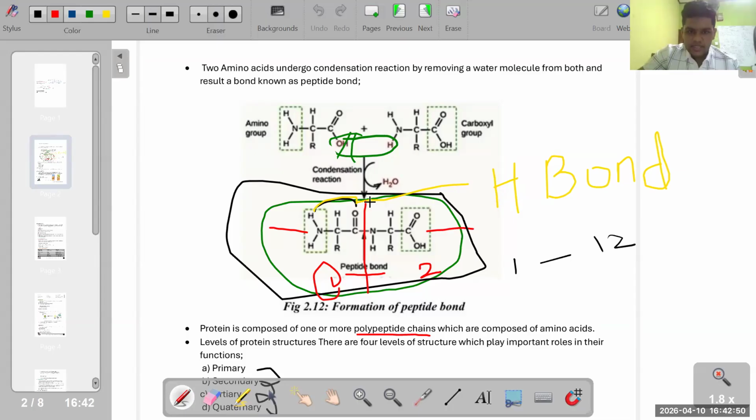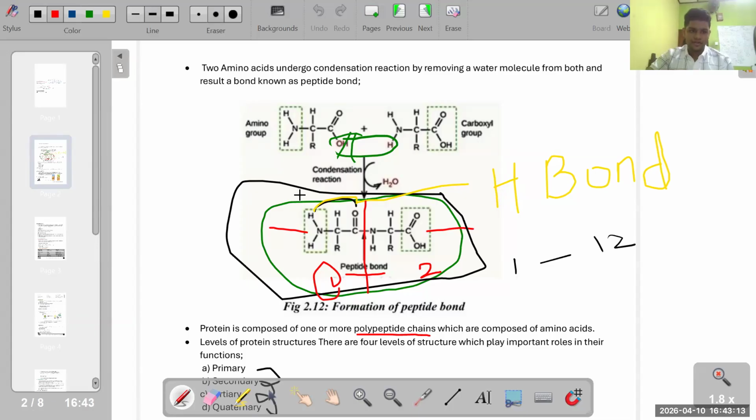In one amino acid, how many backbones are present? In one amino acid, how many backbones are present? No, no. I'm not asking how many components in the backbone. I'm asking how many backbones.